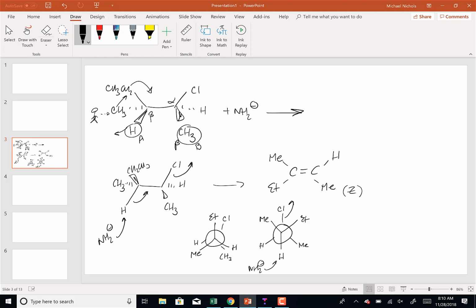So in an acyclic system, we have no choice but to put the beta hydrogen in the anti-position compared to the leaving group.